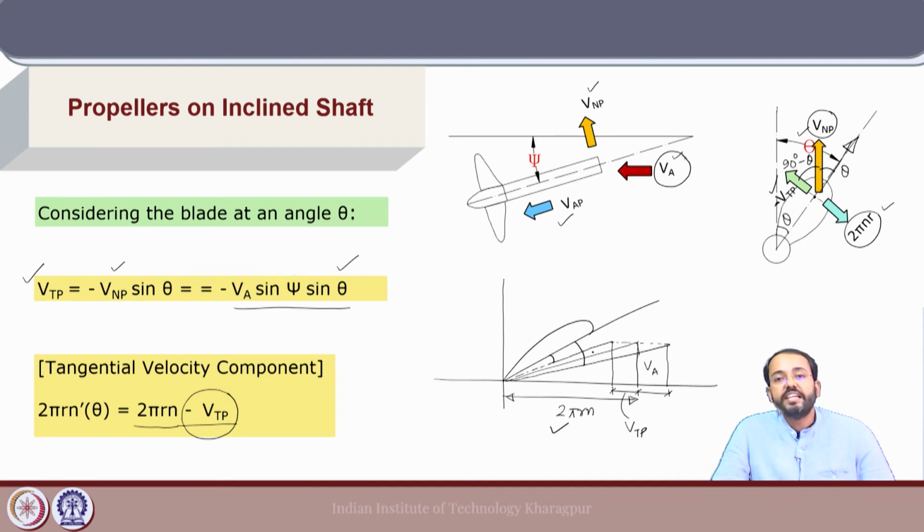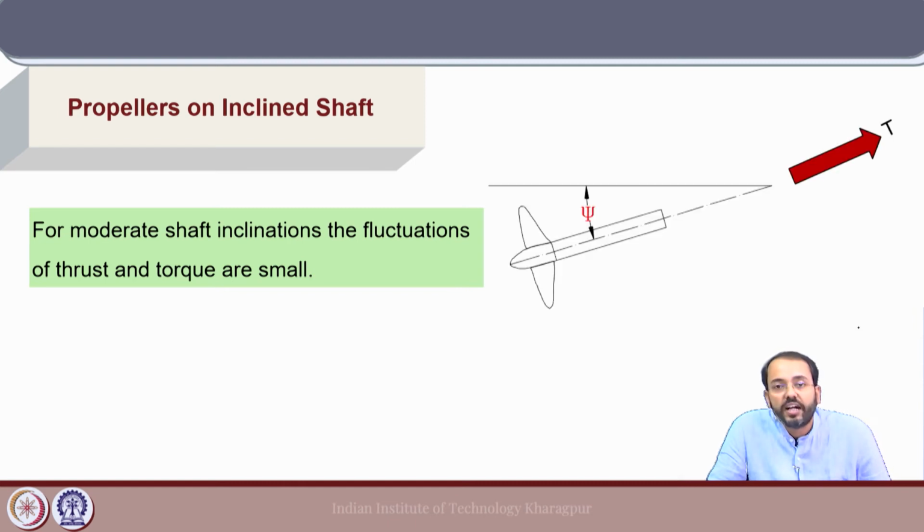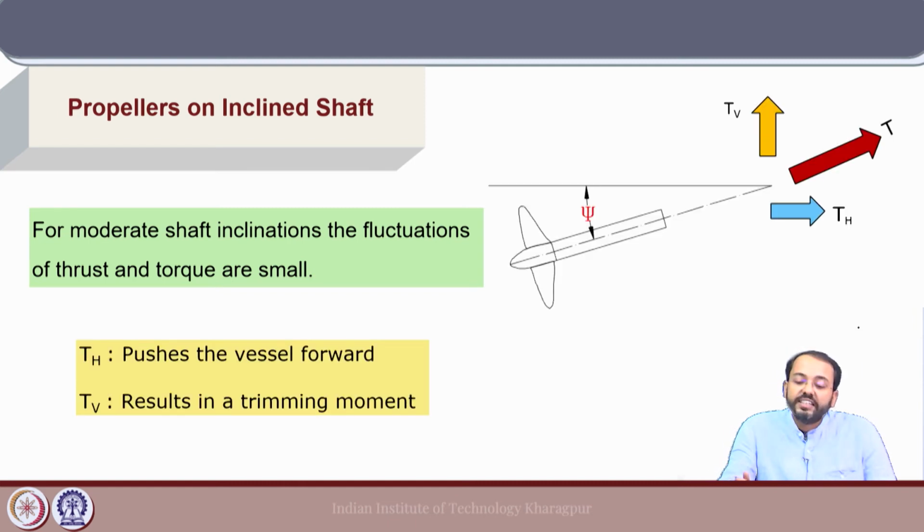Hence, propeller shaft inclination leads to additional fluctuations in thrust and torque forces for the propeller blade sections, which is on top of the fluctuations due to the varying wake at different circumferential regions. For moderate shaft inclinations, the fluctuations of thrust and torque are small, and here the thrust that is provided by the propeller blade is directed at an angle because of the shaft inclination, and hence we can think of a horizontal and a vertical component of the thrust.